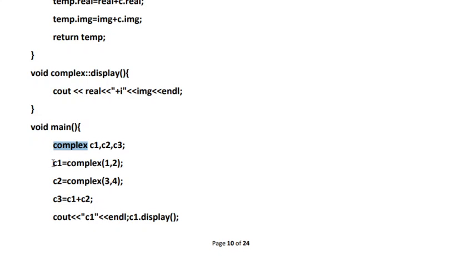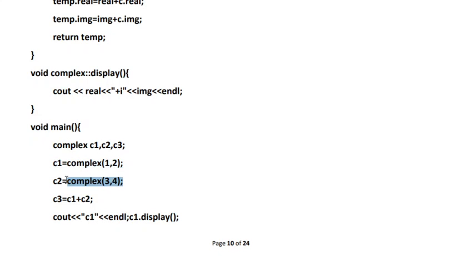Now here I've made an explicit call to the constructor. In the previous examples we discussed with constructors, we had made an implicit call. Here C1 is initialized with an explicit call to the constructor, so it will initialize the real and imaginary parts with 1 and 2.